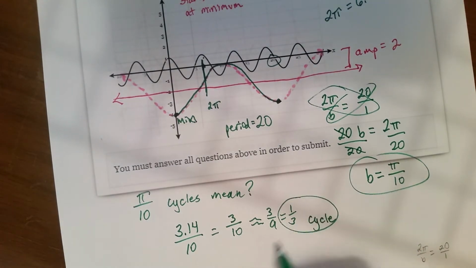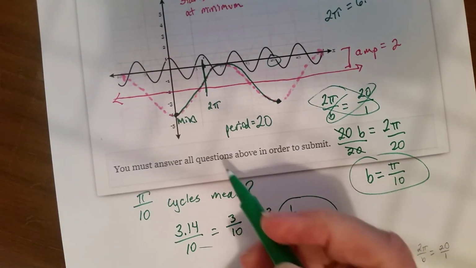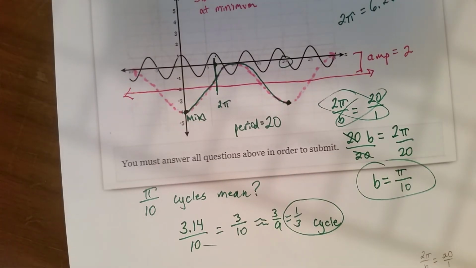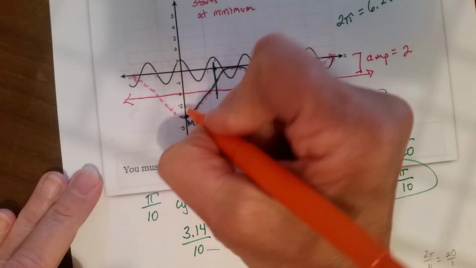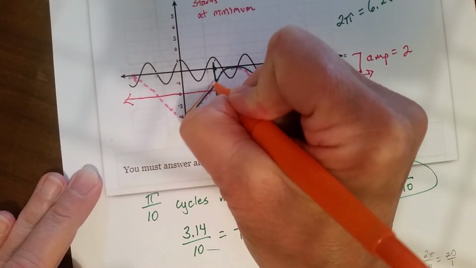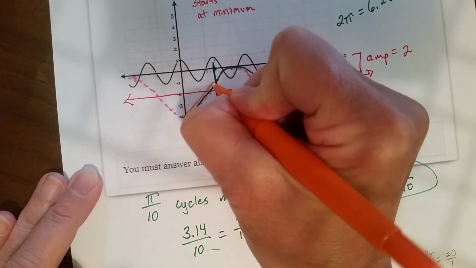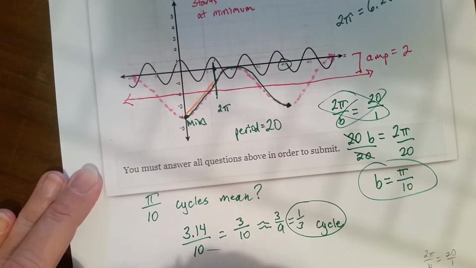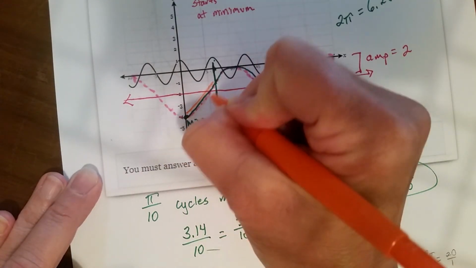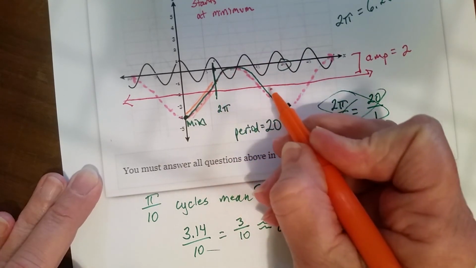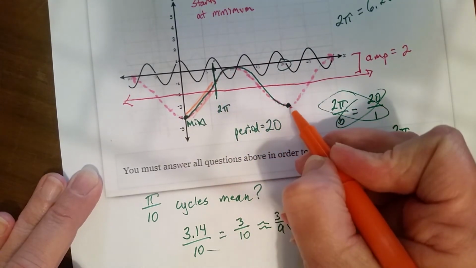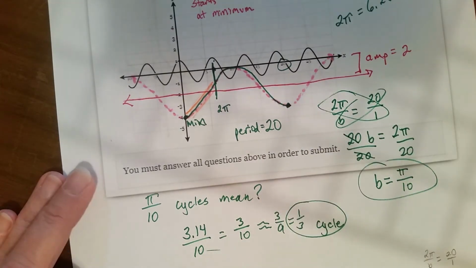We're saying we get about, now I'm approximating, but that's okay. So we're getting about 1/3 of a cycle done from 0 to 2 pi. And look at this. If I go from here to here, that's about 1/3 of a cycle. Right here is about 1/3 of a cycle. And then I would have 2/3, and then I would have 3/3, a full cycle.